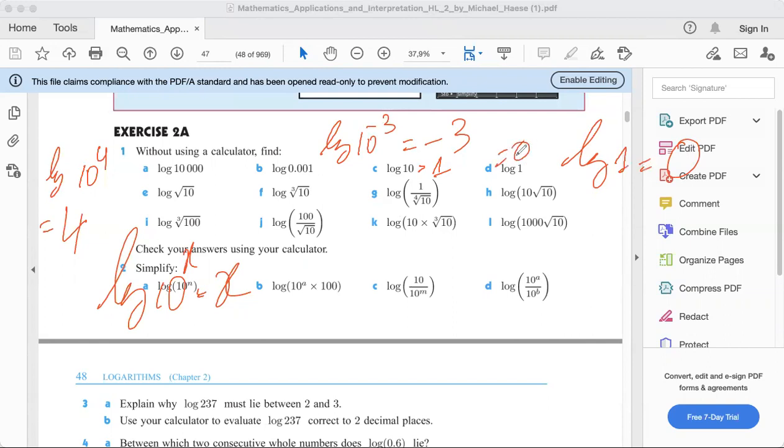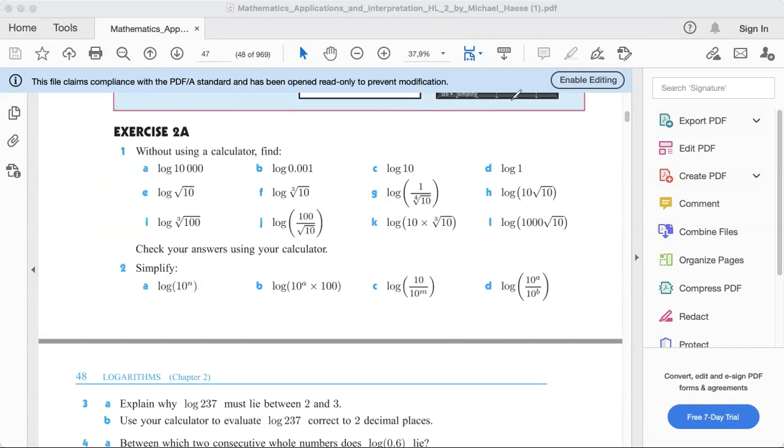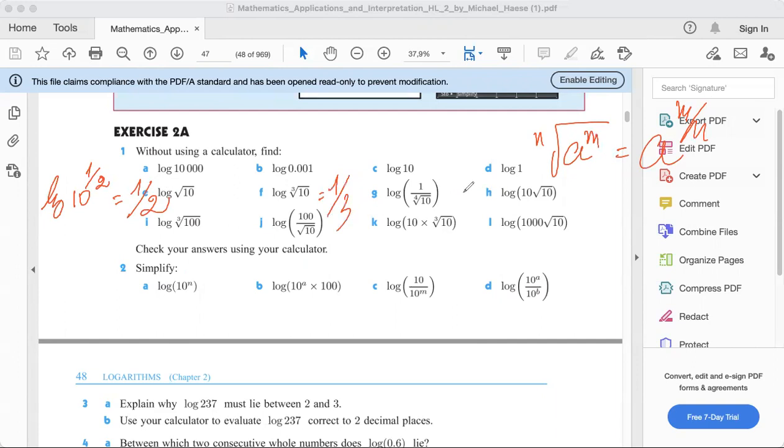Before you can do E, you need to remark about A. For example, I have the square root of 10, so I can say m over n. This is the reason. So for letter E, I can write logarithm of 10 power half, which is 1/2. And this one, when we look clearly, is negative.